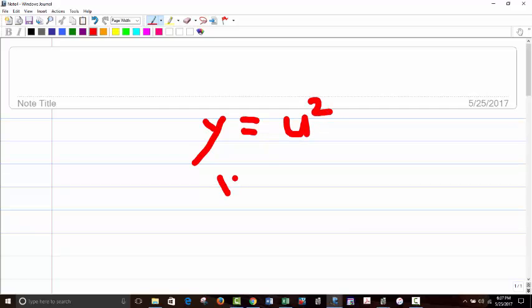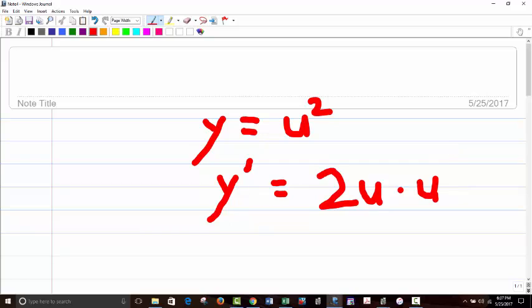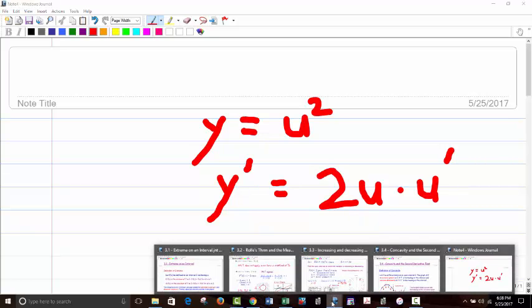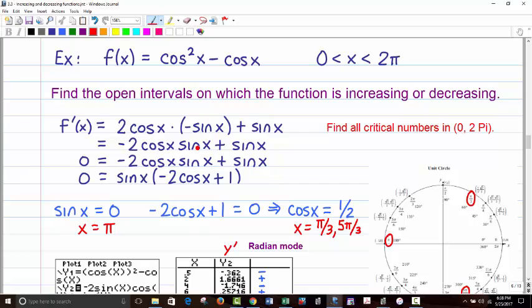Y prime equals 2u, you can say u prime or du, same thing, so 2u u prime. Chain rule. And then du, the derivative of cosine, would be negative sine. Then the derivative of negative cosine would be positive sine.